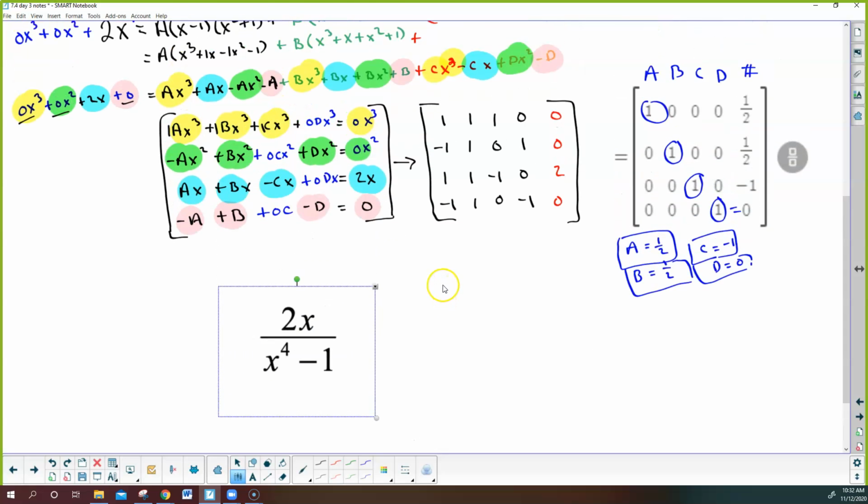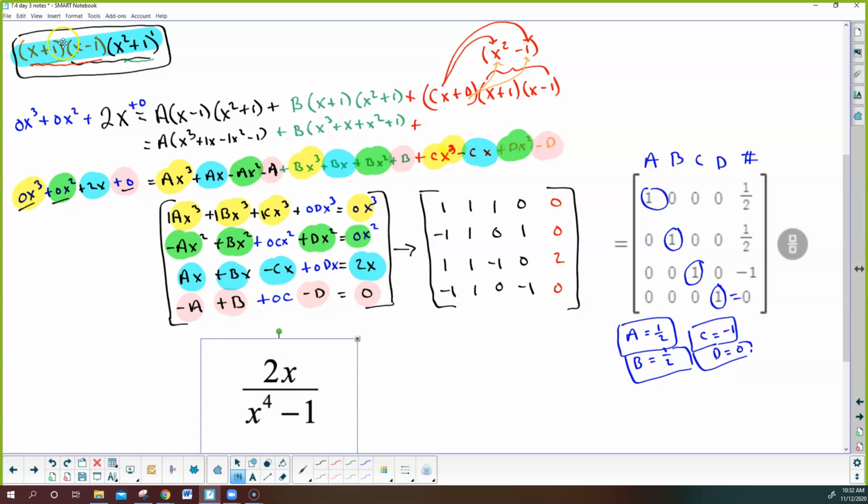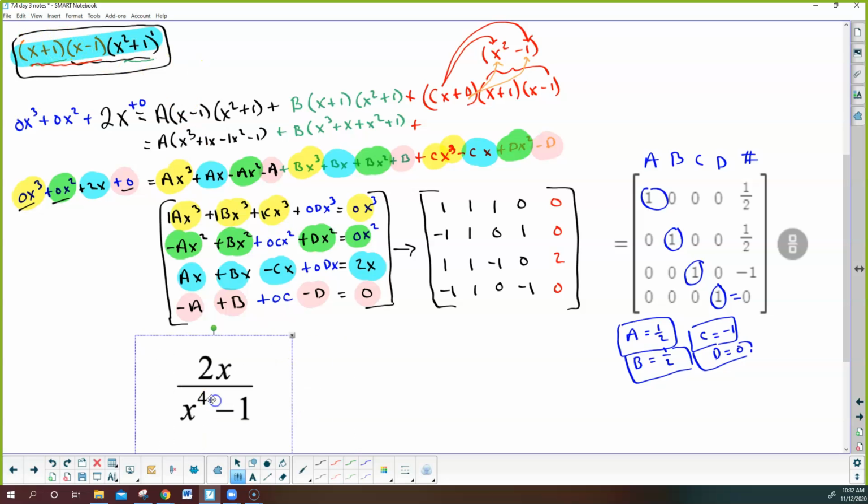So let's see if I can do this so I can still see our original denominators up here. So what you definitely have to do is take your answer and put it under each of these new numerators.